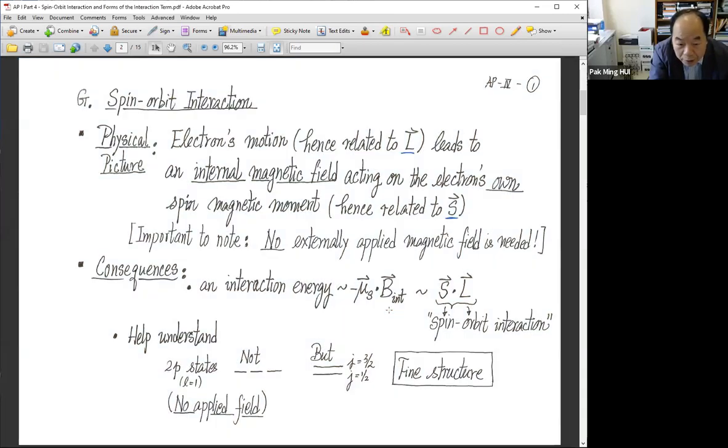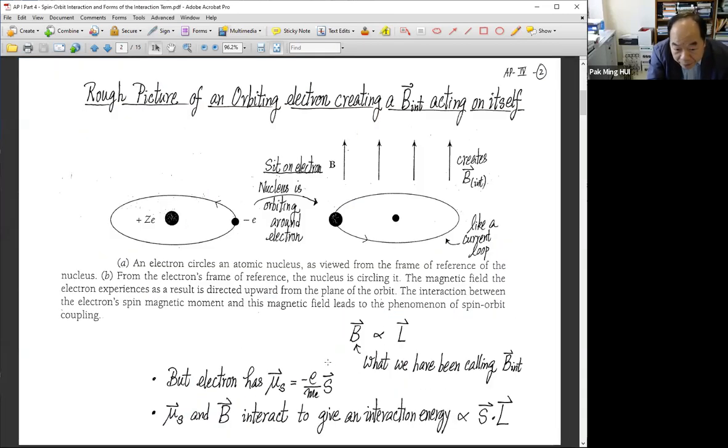The field is proportional to the orbital angular momentum, because that's the source of the field. And then you have a magnetic dipole moment that is proportional to the spin angular momentum.